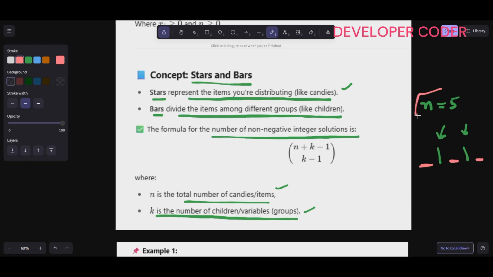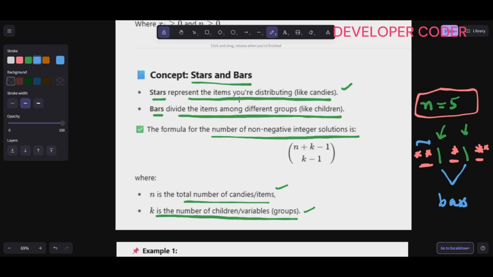Here I can give 2 candies to this child, just 1 candy to this child, and 2 candies to this child. So these are the stars, and these two are the bars in this concept.